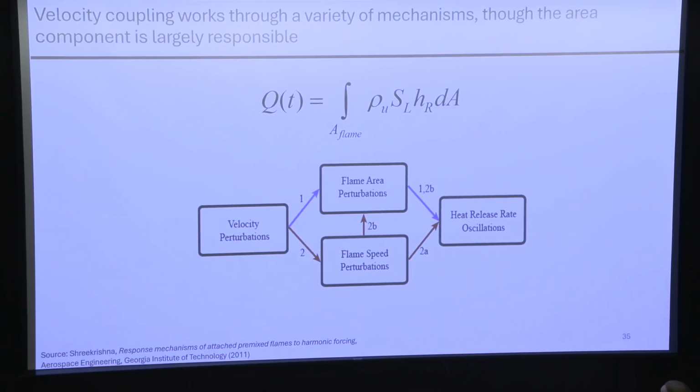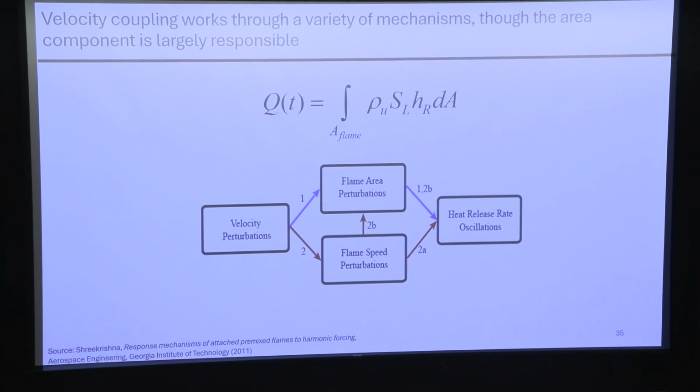This flow chart was put together by my academic brother, Sri Krishna, and I just took it straight from his thesis because I don't know if he put it in a paper ever, but I was extraordinarily lucky to go to grad school with this guy because I learned a ton from him. The theory that he did was really fantastic and very helpful.